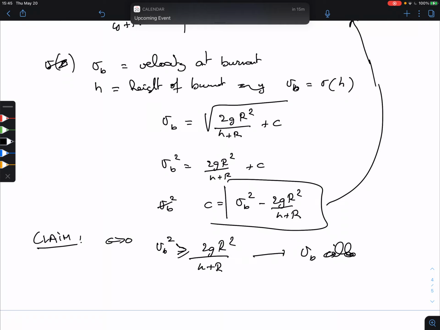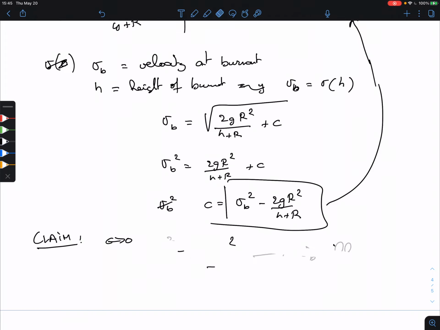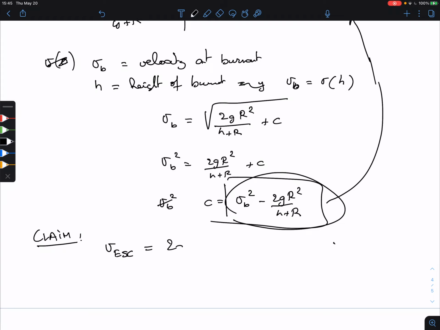Sorry, let me say it better. We need this to be positive, okay? And so the escape velocity is exactly when this would be equal. In other words, the escape velocity is equal to the square root of 2gr squared over h plus r.